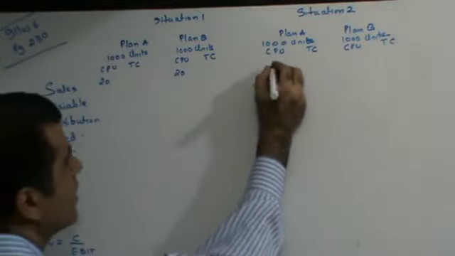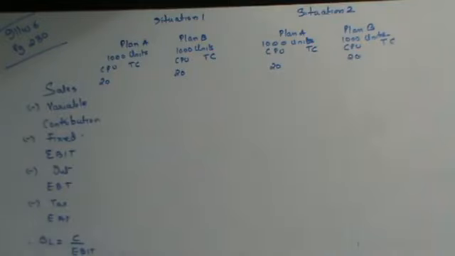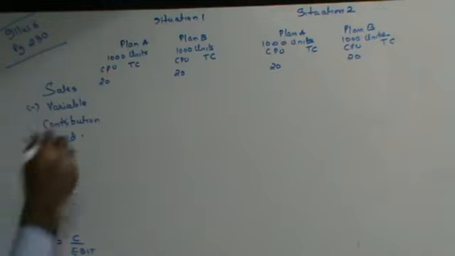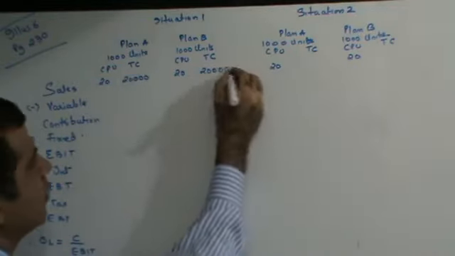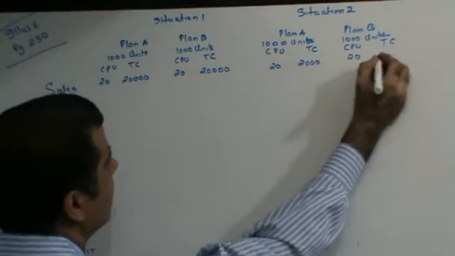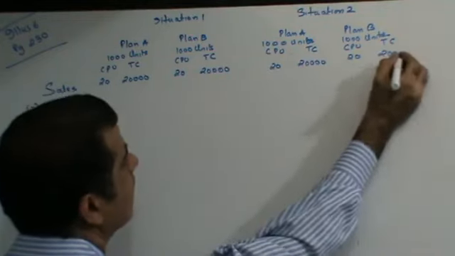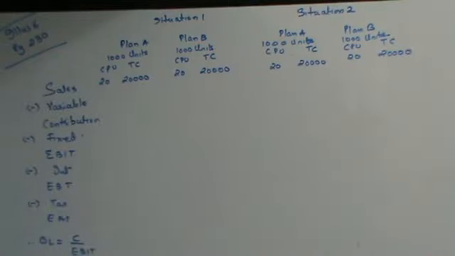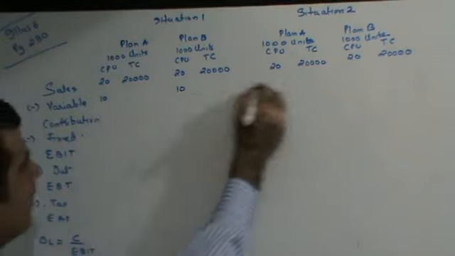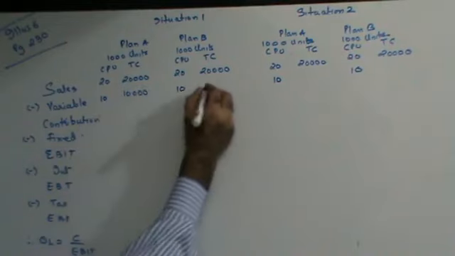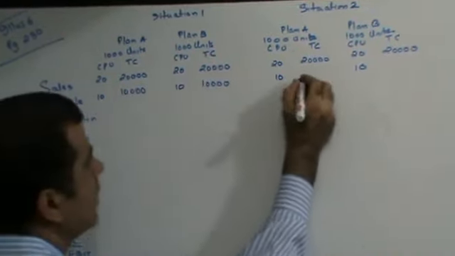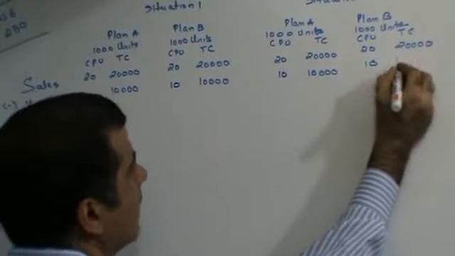Now CPU multiplied by units will give you total cost, so this will be 20,000 in each case. Next they've given you that variable cost is 10, so this is going to be 10,000 in each case.